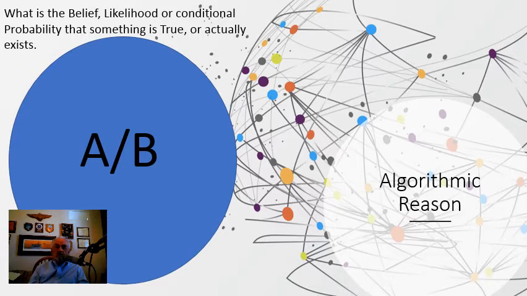Risk to our lives, risk to our operation, risk to our mission. Initially, what is the belief, likelihood, or conditional probability that something is true or actually exists? This is the way we begin the algorithmic reasoning process.